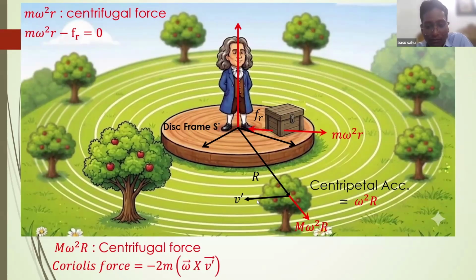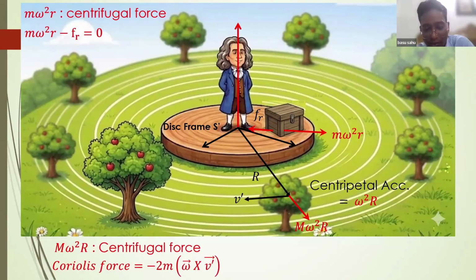Now my submission was only that, with respect to the disk frame, this tree has a velocity v dash. You can see omega cross v dash. V dash is in this direction, and omega we are retaining in the same direction as earlier, the vertical direction.